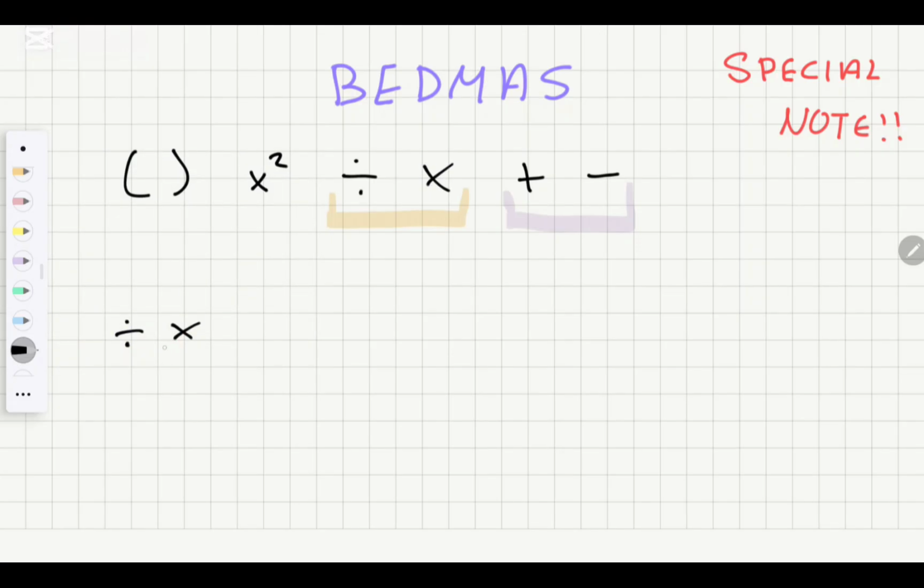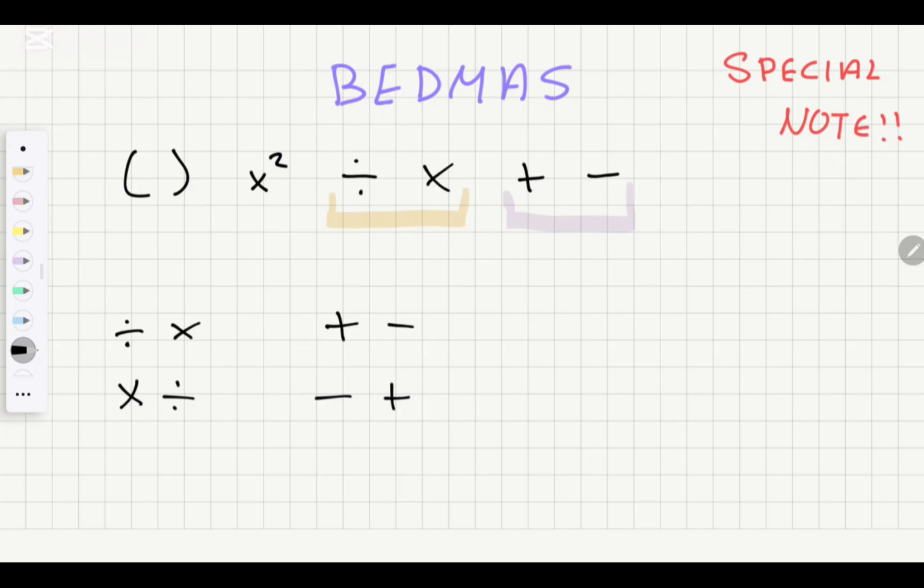So I can do division and then multiplication, or I can do multiplication and then division. It really does not matter. These ones, it kind of just depends on the order of the equation. Same with addition, subtraction. I can do addition and then subtraction first. That's fine. But I can also do subtraction and then addition. It does not matter. It all depends on the equation.